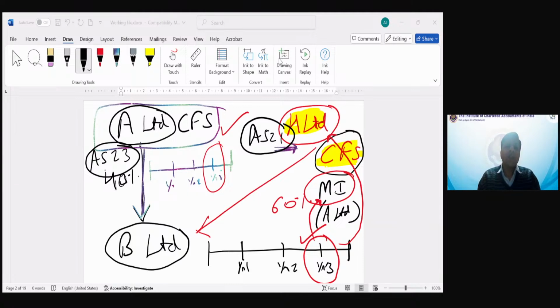But yes, if there is any such loss share, for example, in the third year there is a loss share of 2 lakhs, but the parent has only absorbed 1 lakh, then in the notes to accounts, A Limited will give this disclosure, but that disclosure will be given in the notes to accounts to the consolidated financial statements of A Limited.